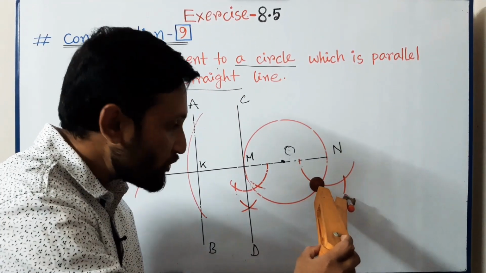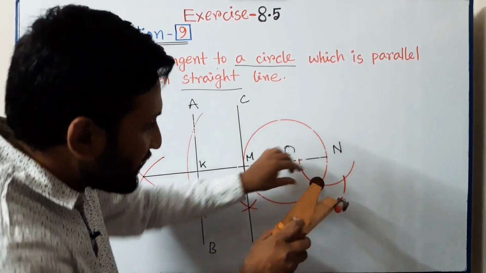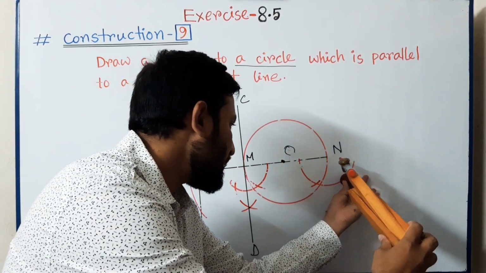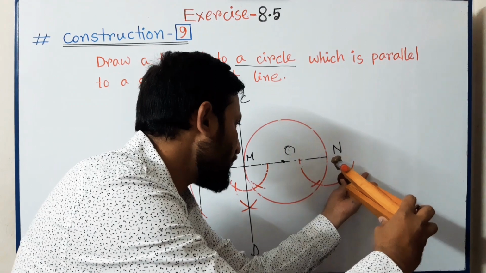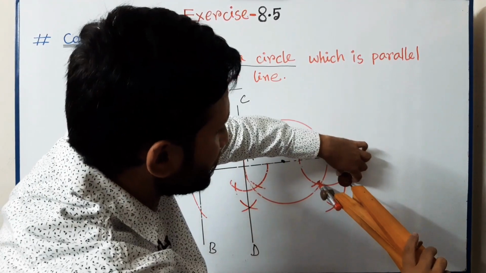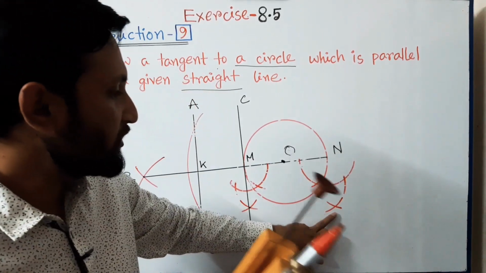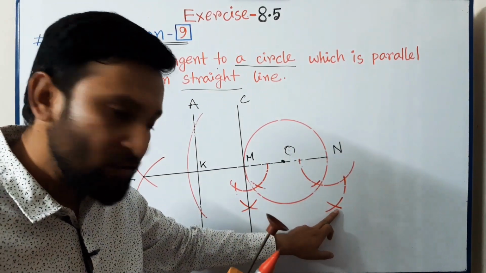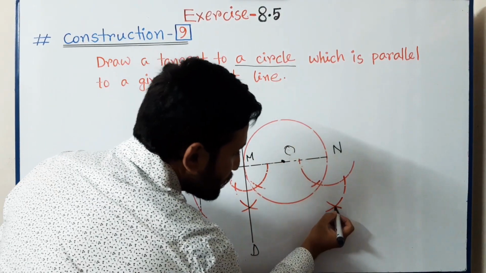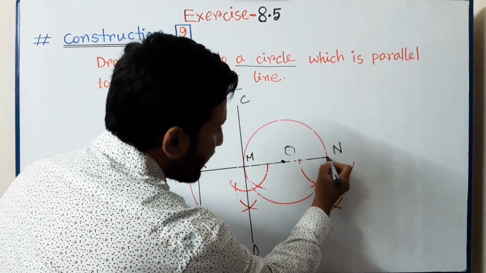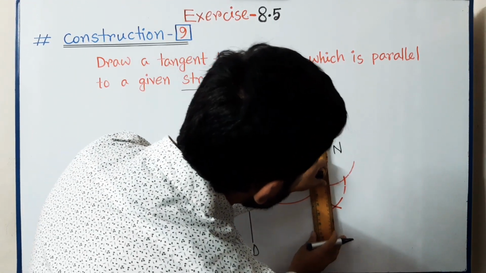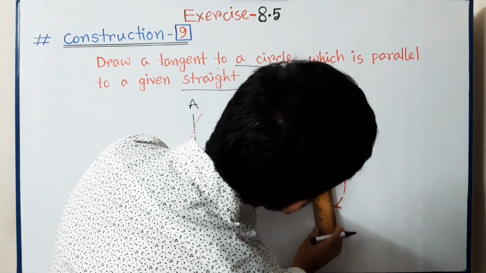Now again draw the arc in the lower part. Set this compass on the other portion of this arc and draw an arc in this lower part. Here see the two arcs' intersecting point. Now join the intersecting point of the two arcs and the point N by scale and extend it, as like that.